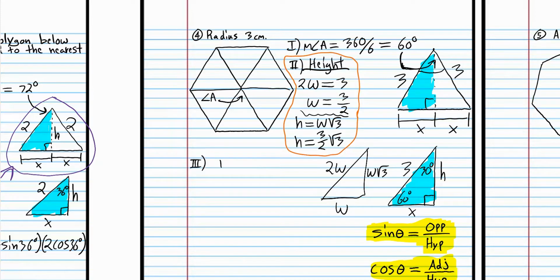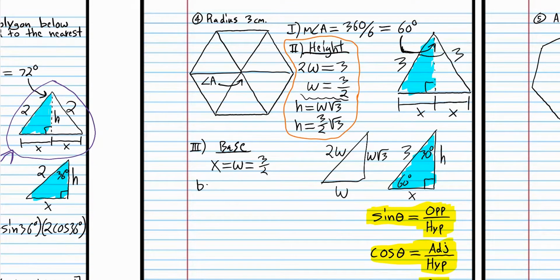Step 3, we're going to find the base. x is equal to 3 over 2, and of course the base is equal to 2 times x, so the base must be equal to 2 times 3 over 2, and that just equals 3. So I can section that off.